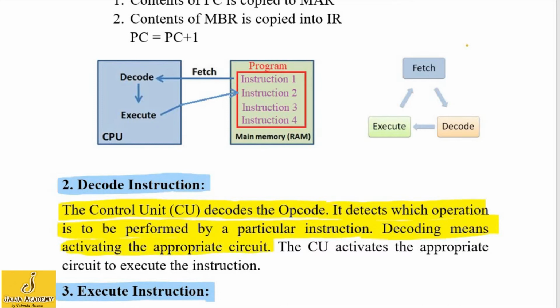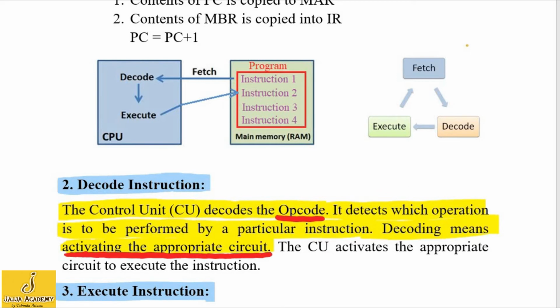Suppose the opcode provided in an instruction refers to the addition operation, and we know that the addition operation is performed by the arithmetic unit of the CPU. So after decoding the opcode of an instruction, the CPU will activate the arithmetic unit. So this appropriate circuit refers to the arithmetic unit.